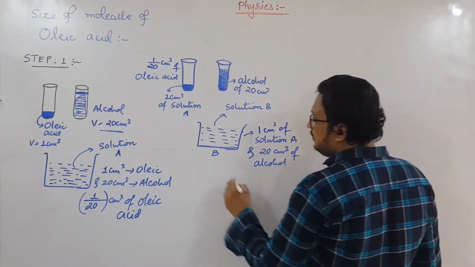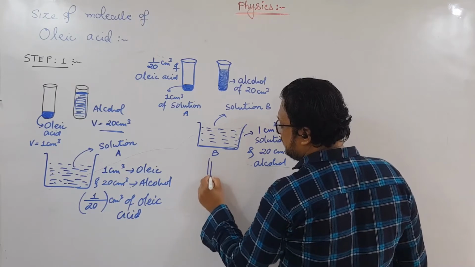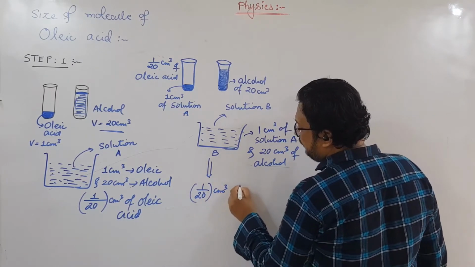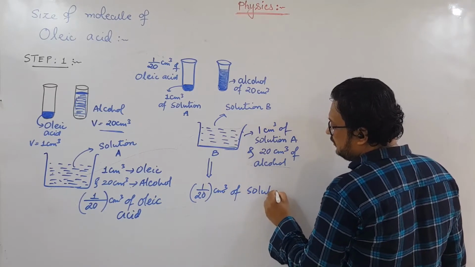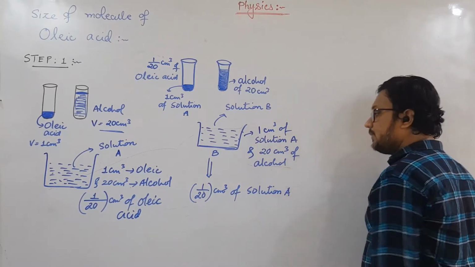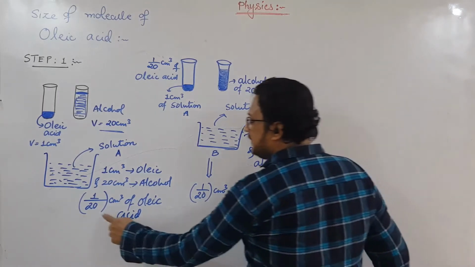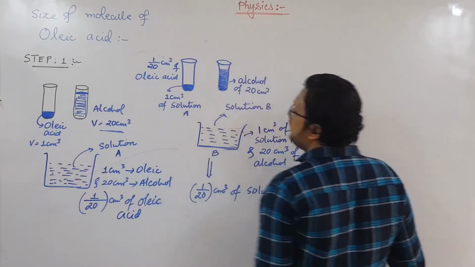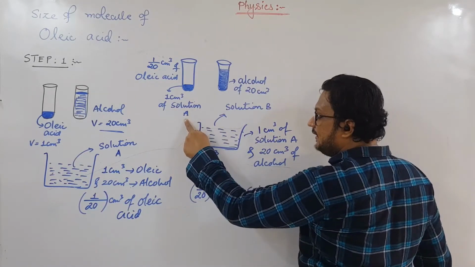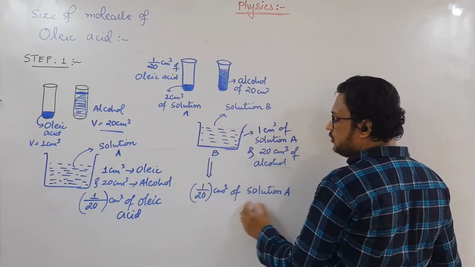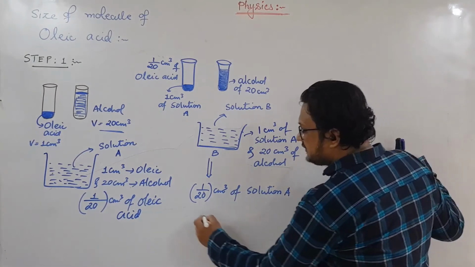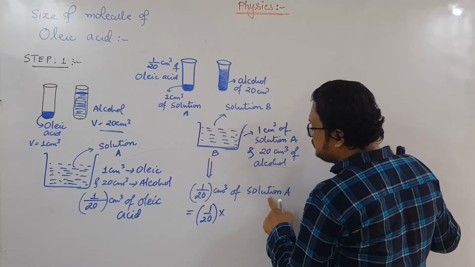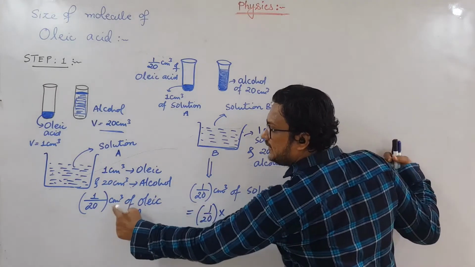So this will contain 1/20 centimeter cube of solution A. Here 1/20 centimeter cube of oleic acid, because oleic acid was of 1 centimeter cube volume. So this can be written as 1/20 into solution A, which contains oleic acid of 1/20 centimeter cube.